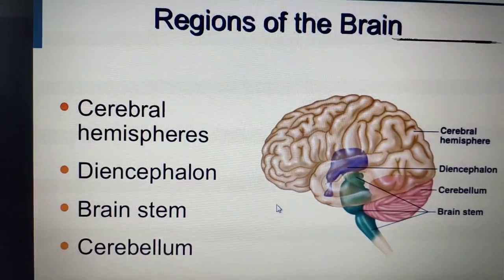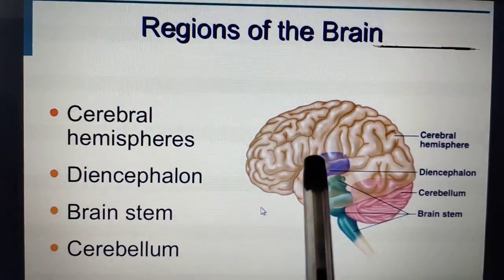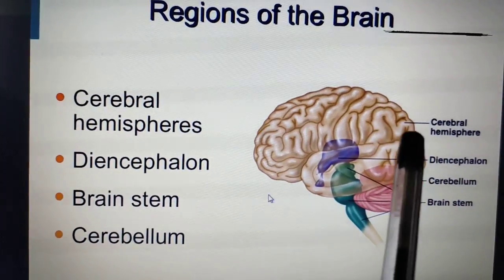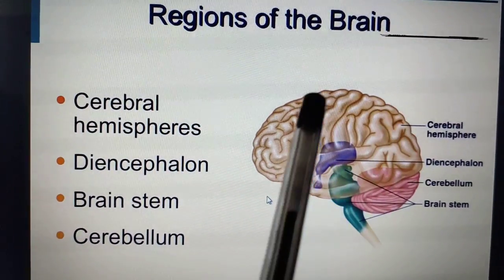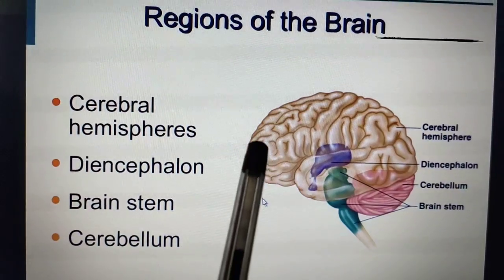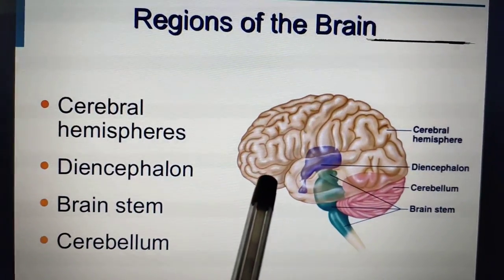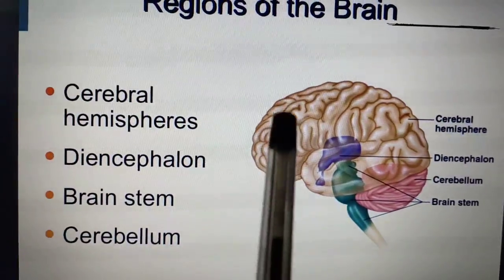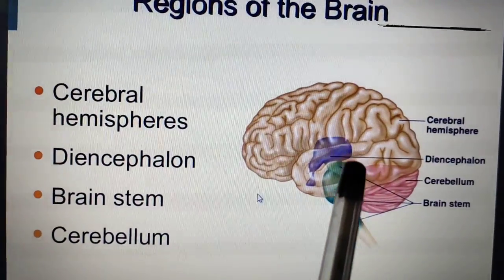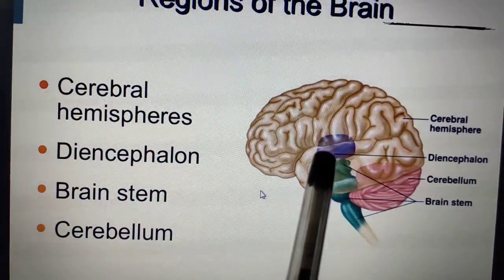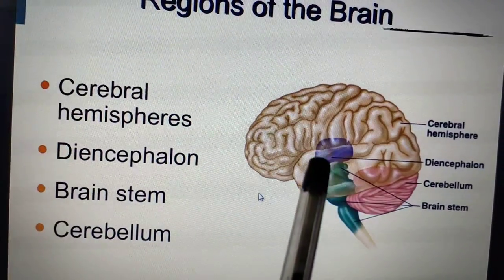See, in this slide we can see the diencephalon also. Now you'll see this is the cerebral hemisphere, the brownish, skin-colored part. The blue part we call the diencephalon.